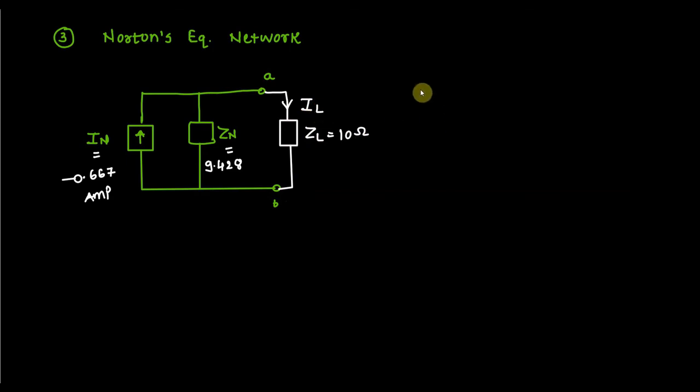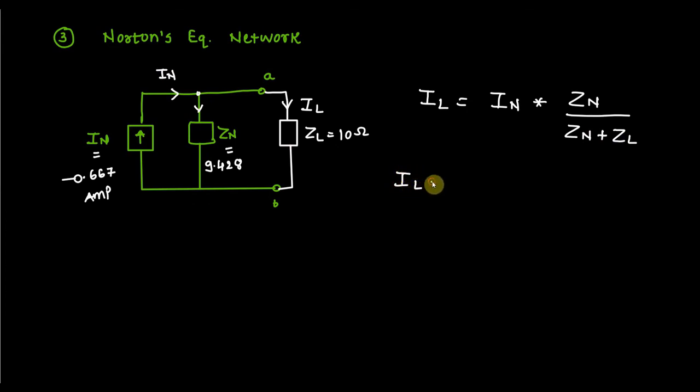The formula is IL equals IN multiplied by Zn upon Zn plus ZL. For this network, this is your total current IN, which is divided into two parts, and by using current division you get this formula.